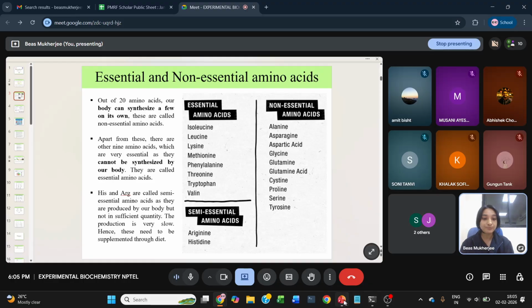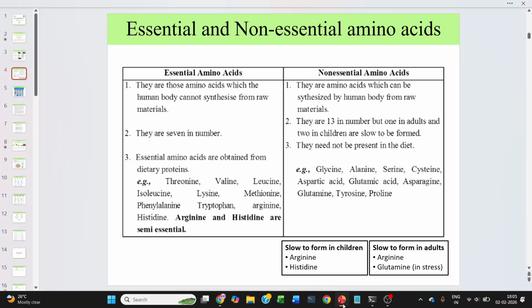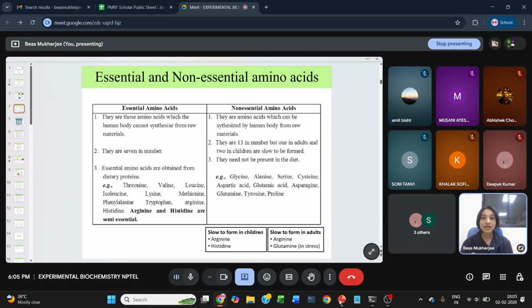Okay. Now we'll look at the difference properly. So see that the essential amino acids are basically 7 in number and non-essential amino acids are 13 in number. Amongst them, one in adults is made in very less quantity, and that is of course your arginine, and 2 in children are made in very less quantity. Those are once again arginine and histidine.